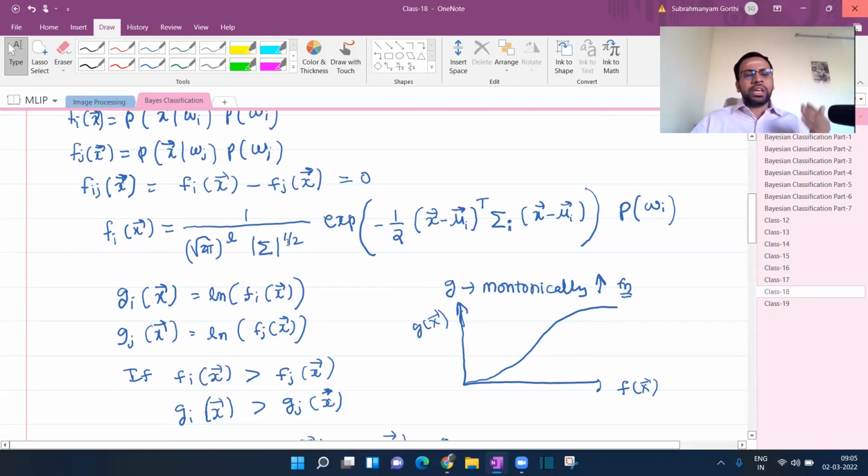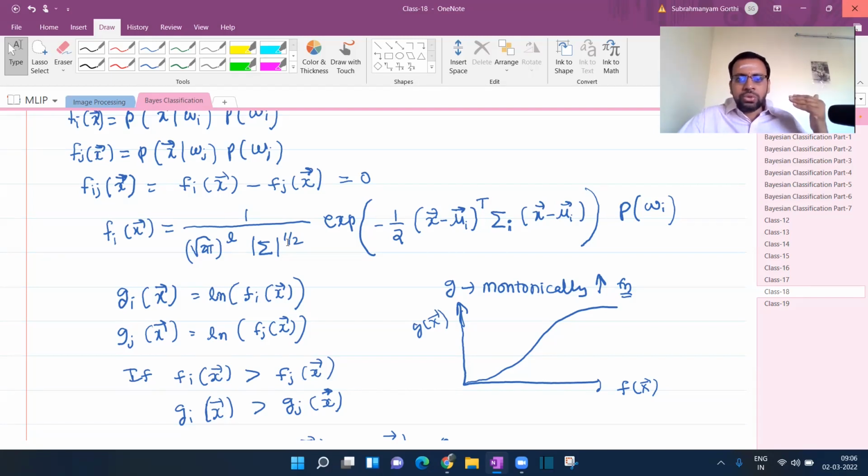After that, we took one more step forward, where we don't really want to calculate these a posteriori probabilities all the time, for various reasons: the complexity involved, the modeling of these curves, and many other things.